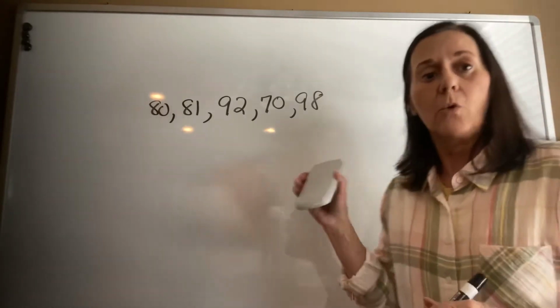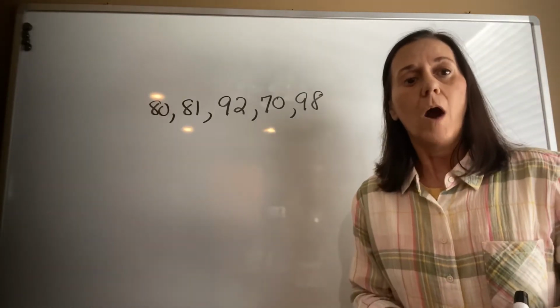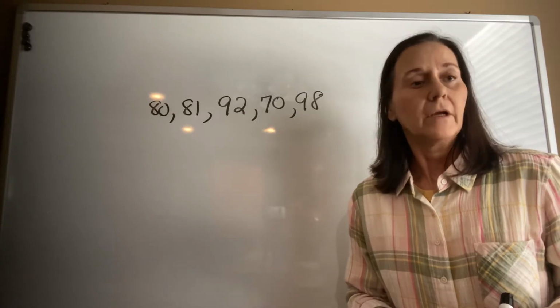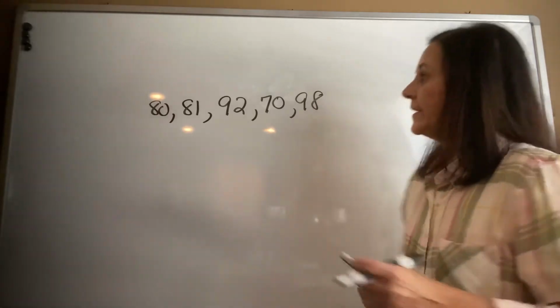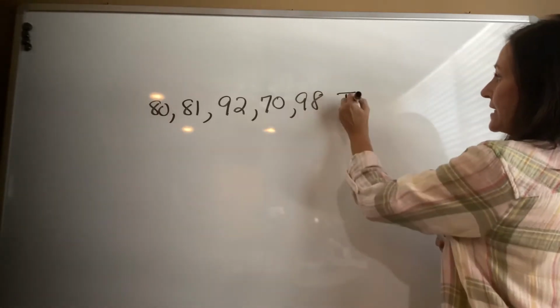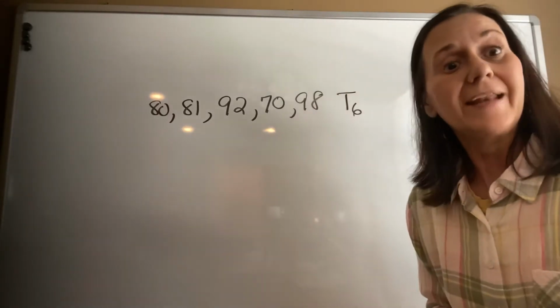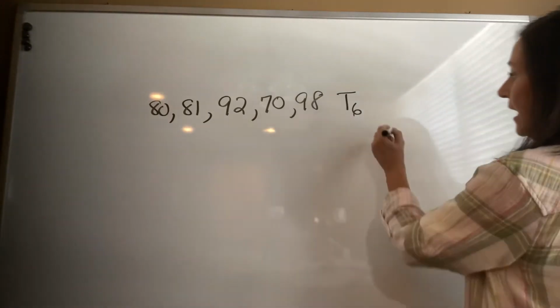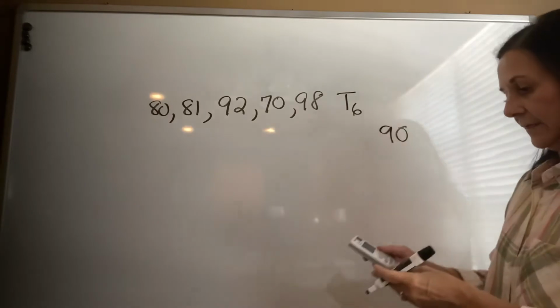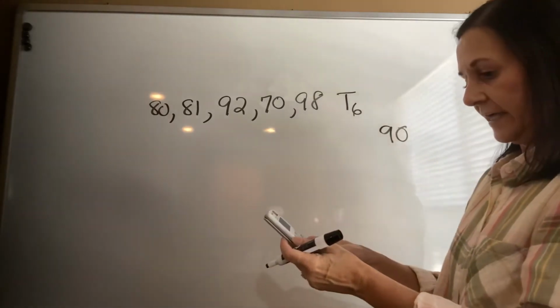And I asked the question, what would he have to make on the next test, so on test 6, so that his average, maybe he wanted to have an A in the class, a 90. All right? Let's see if he has a 90 right now.